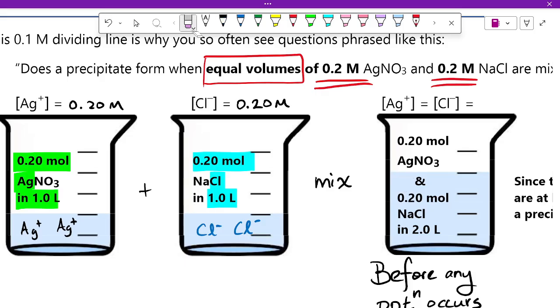We have 0.2 moles of AgNO3 in 2 liters. What's the concentration of silver? 0.1. And we also have 0.2 moles of Cl minus in 2 liters. What's the concentration of chloride? Also 0.1.